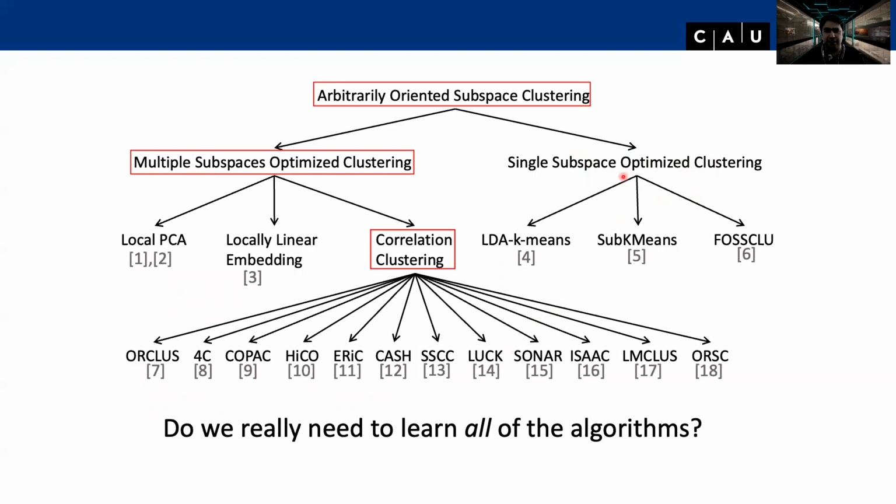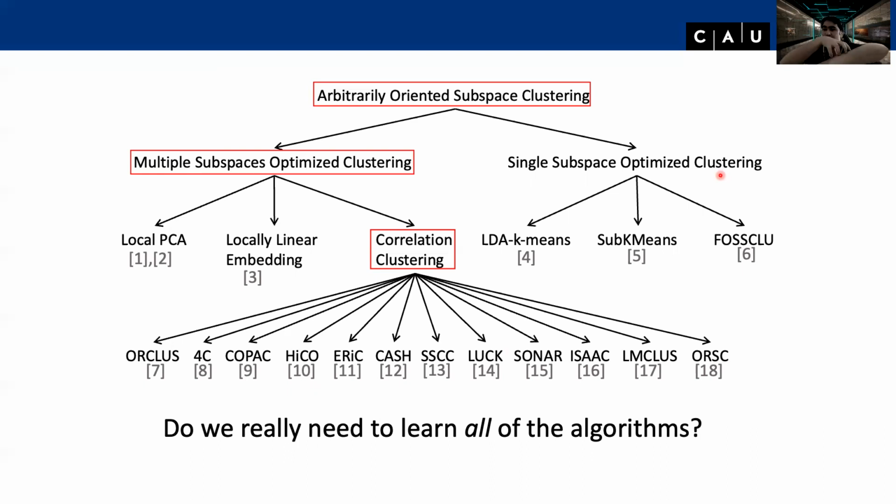Now you may say rightfully, wait a second, a single subspace for all of the clusters, but isn't that actually PCA? The answer is, on a very high level, yes, because in single subspace optimized clustering you try to figure out a single subspace in which you can then find the clusters when the objects are projected to that subspace.